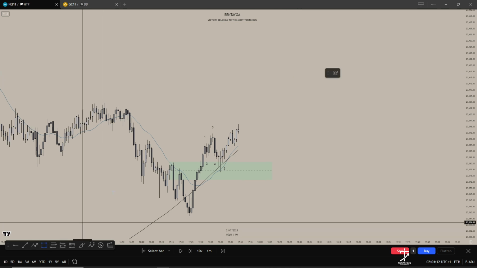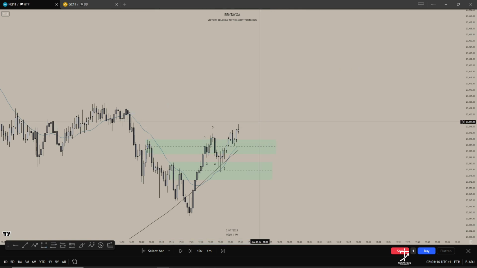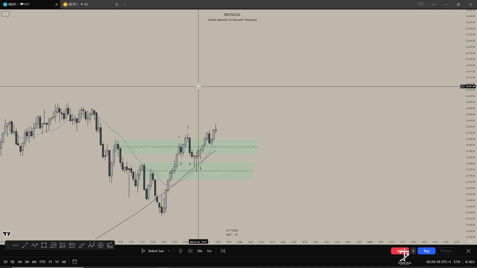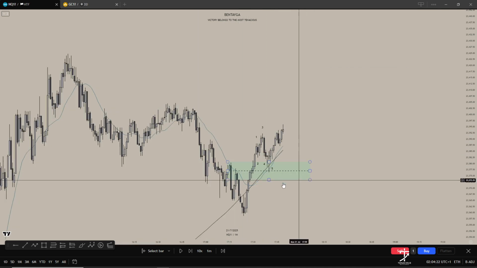I mean, you could also use this area here, but essentially still the same thing. And yeah, so that would have been my trade personally.